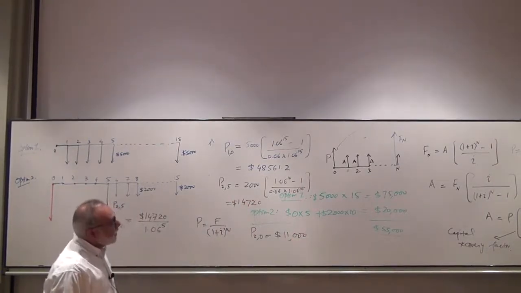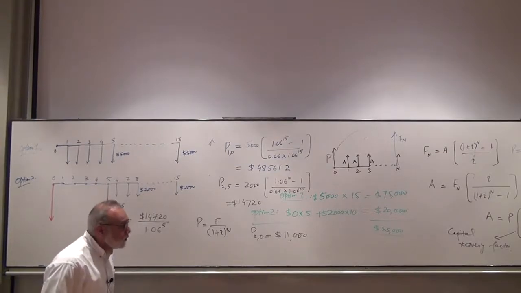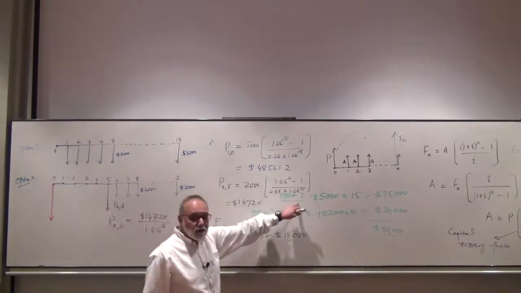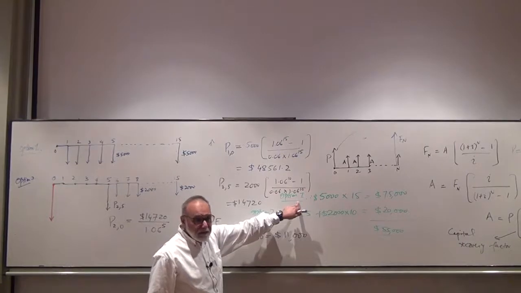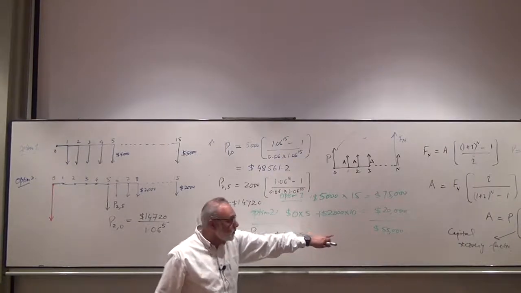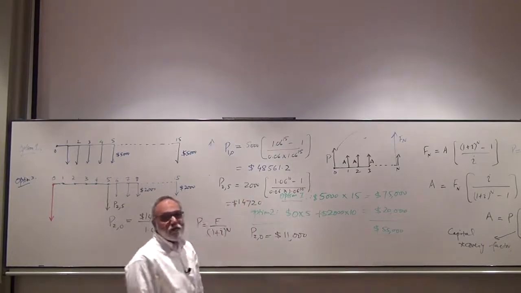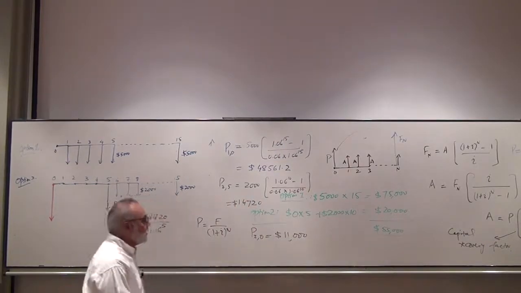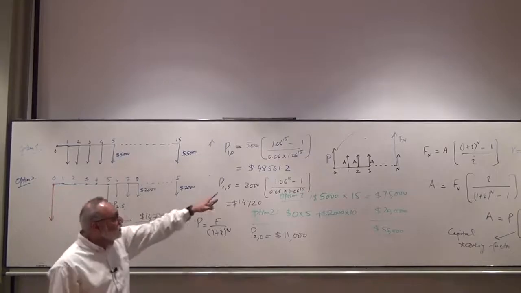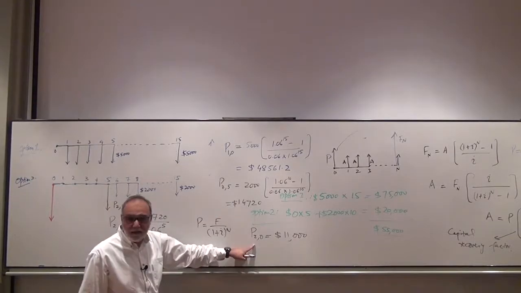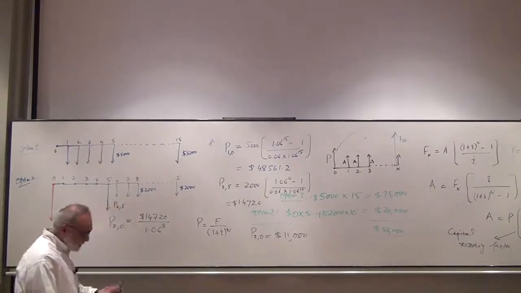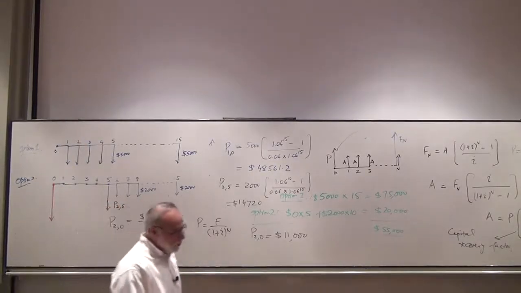Now the maximum willingness to pay, as we did without taking into account the time value of money, we took the difference to find the maximum willingness to pay, right? Now the maximum willingness to pay is just the difference of P10 minus P20. That is your maximum willingness to pay.